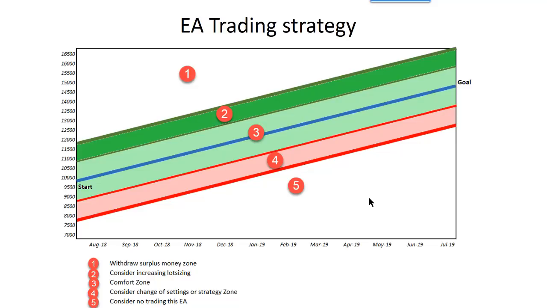Now the benefit of having a strategy like you see on your screen is that all your decision making is pre-made. There is no emotion involved. If the account goes to a certain level, you already have your strategy pre-planned, and you know, well, if it goes over here, I'm going to stop trading this EA. If it goes over there, I'm going to withdraw my money. So you've got a strategy that's pre-planned.